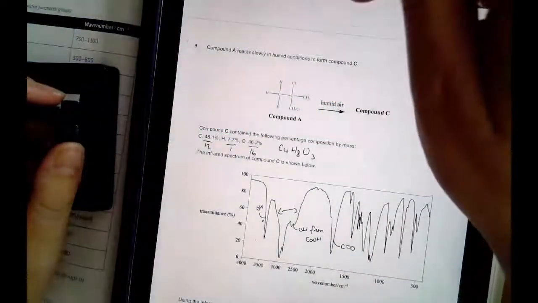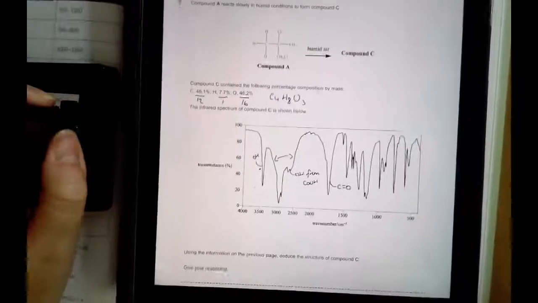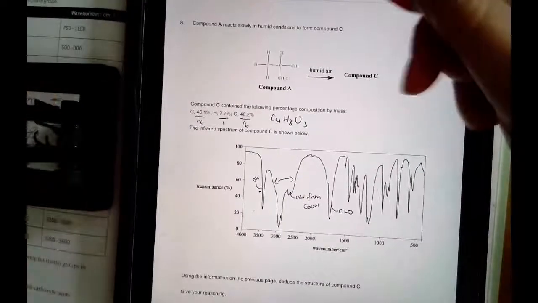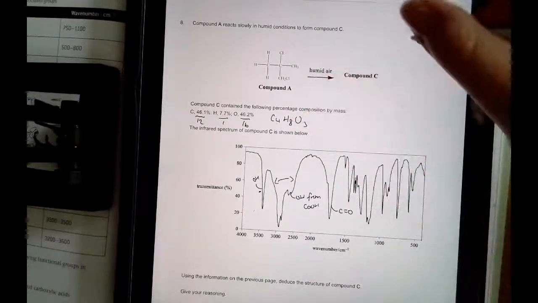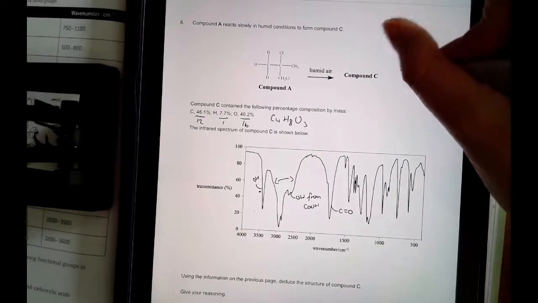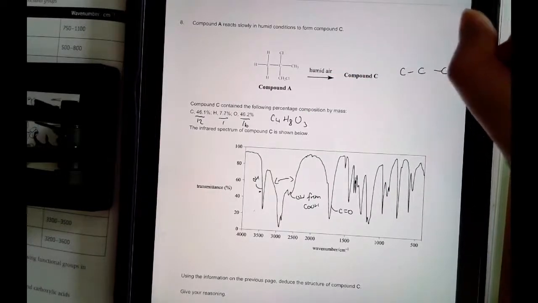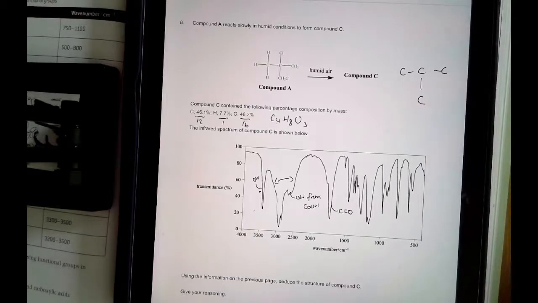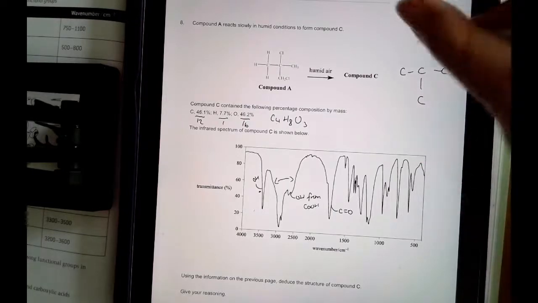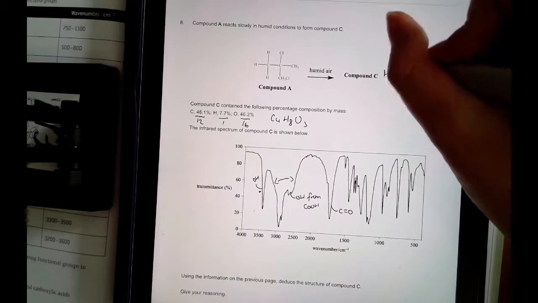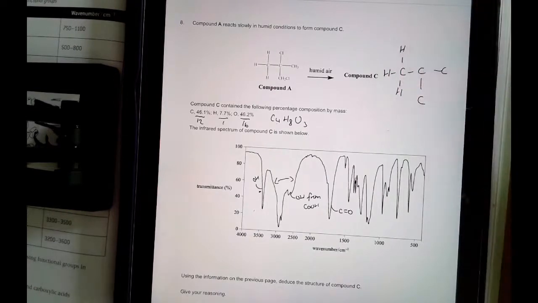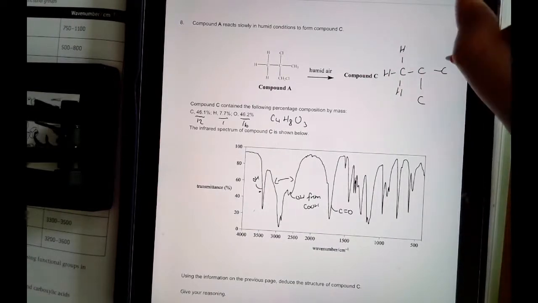So I'm going to start off here for compound C. It's got 4 carbons in total, so I'm going to draw those 4 carbons in exactly the same place that they were before. I'm going to fill in my hydrogens on both of the CH3s.